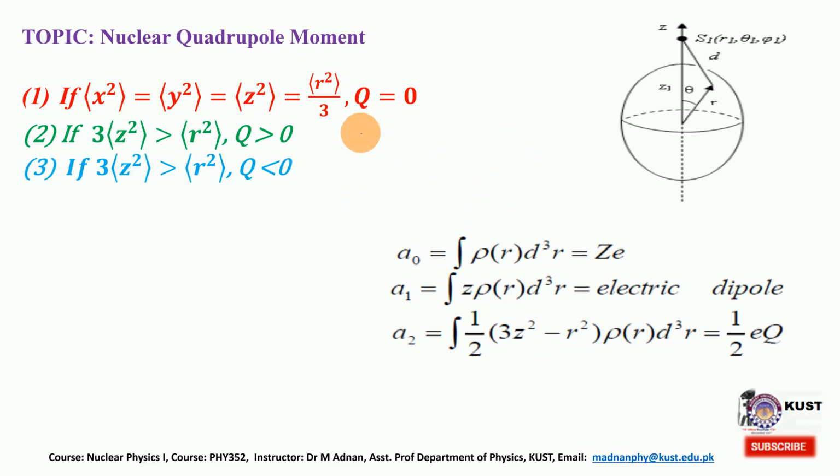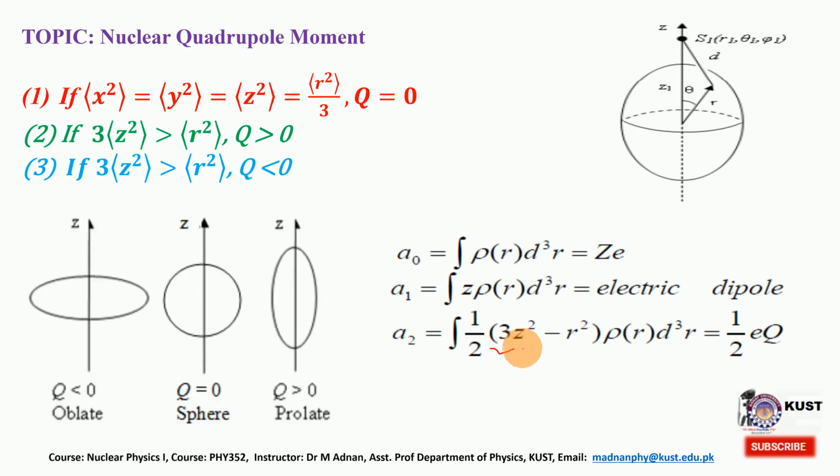And similarly, if this 3z square is lesser than this r square, and we will be discussing on the coming slide what is meant by these r's, then this expression will yield a negative quadrupole moment.